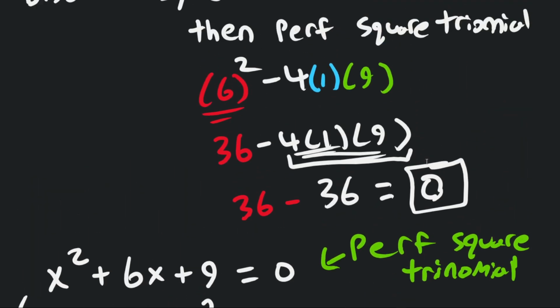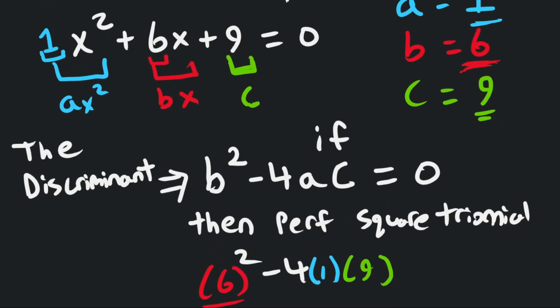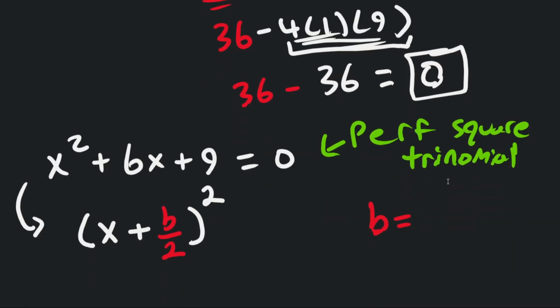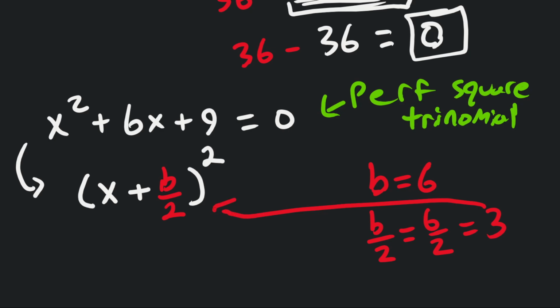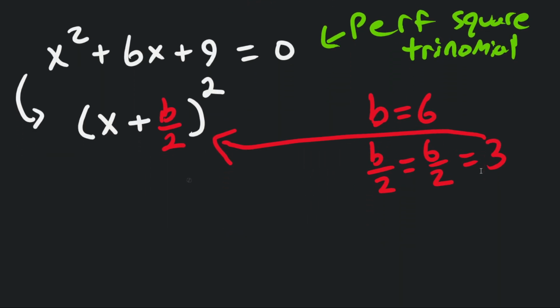As we wrote up here, our b was 6. We want to enter b divided by 2. What's b divided by 2? That is simply 6 divided by 2, which is 3. So we plug this 3 in here for b over 2. Let's rewrite this: x plus 3 squared.